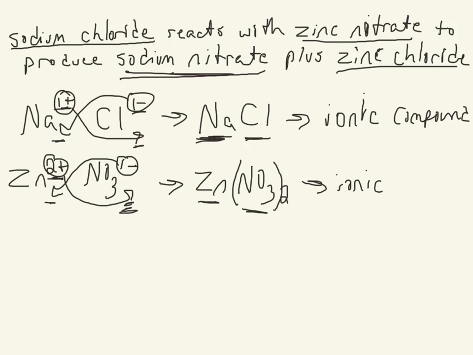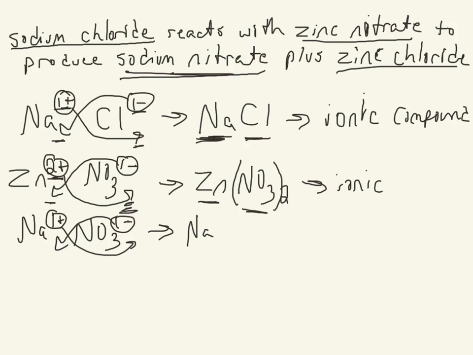We look at the next one here, sodium nitrate. Sodium is Na 1 plus, nitrate again, NO3 1 minus. Put those together, cross drop charges, and we get NaNO3. Again, metal and polyatomic ion, therefore we have an ionic compound again. And our last one here, zinc chloride.